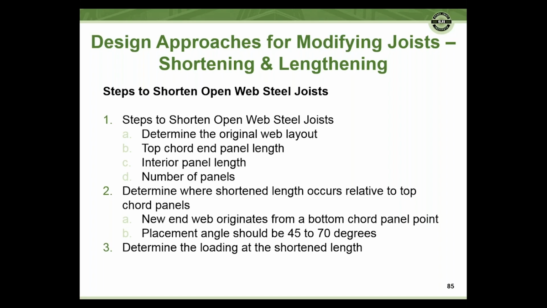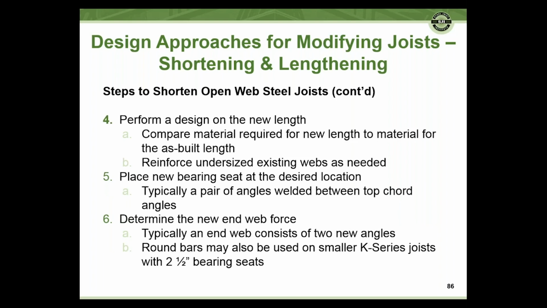Go back and determine that length for the shorter joist. Perform your design for that new length. Compare the material required for the new length. Compare all of the forces in your material for the shortened joist, and reinforce any undersized or overstressed existing webs as needed.